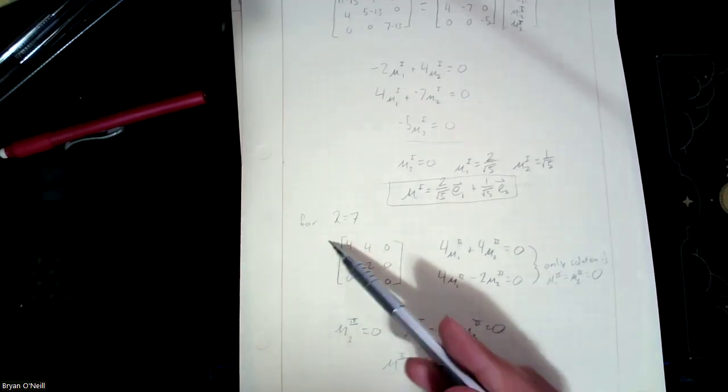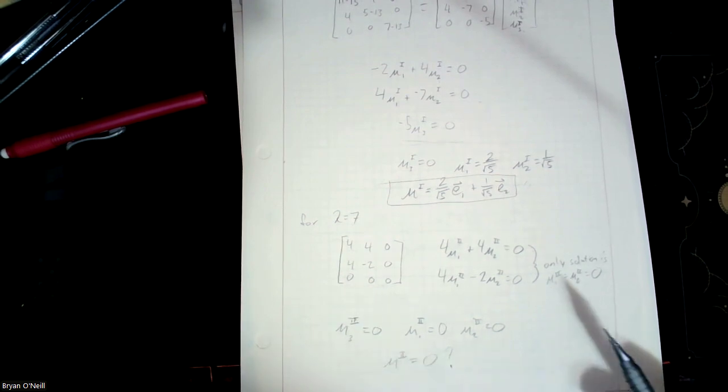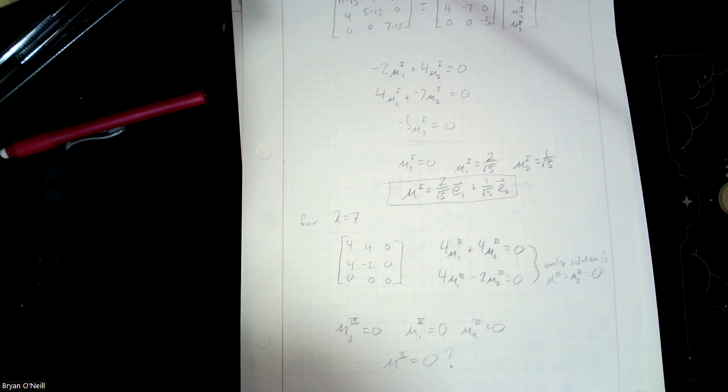Here you can see I had lambda equals 7, and I plugged it in here and got my equations out. Here we get 0 plus 0 plus 0 is equal to 0. That sort of confuses me. I think that means that mu sub 3 is equal to 0.